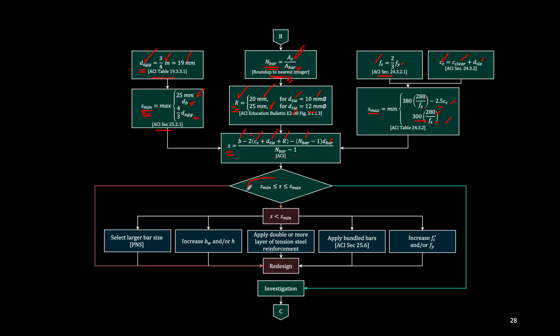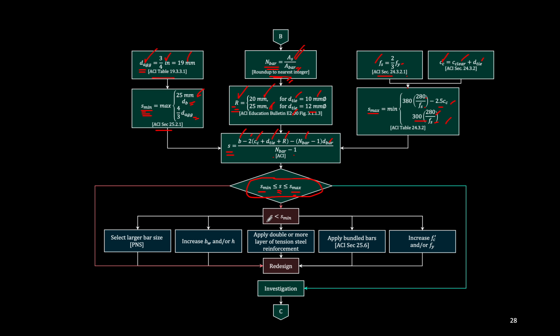So, ito dapat yung masatisfy natin na condition para magiging safe yung spacing ng ating bars. So, dapat yung spacing ng ating bars must be greater siya sa minimum pero less than siya sa maximum para ma-prevent natin yung pag-crack sakali na masyadong malapit yung mga spacing ng ating mga longitudinal bars.